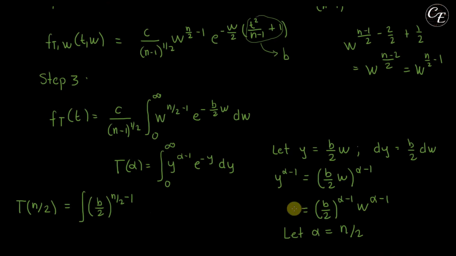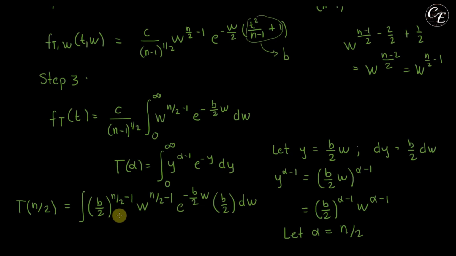And then for this, we have w raised to also n over 2 minus 1. And then we have e raised to negative y, which is b over 2 times w. And then for dy, we have b over 2 times dw.